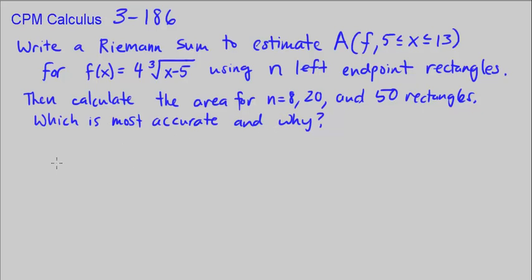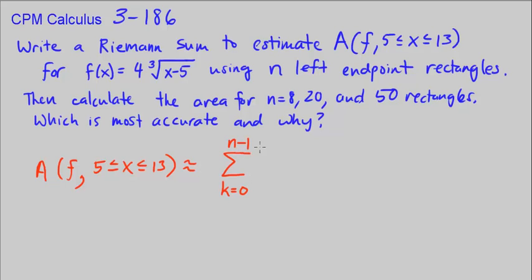Alright. So remember, we want to find the area between our function and the x-axis between x is 5 and 13. So we approximate that using a Riemann sum, right? We start with k is equal to 0 to n minus 1.